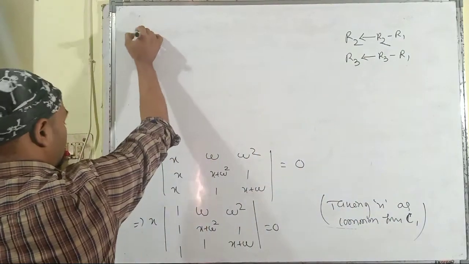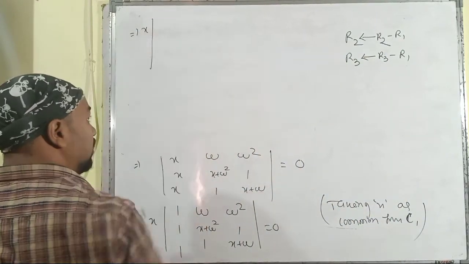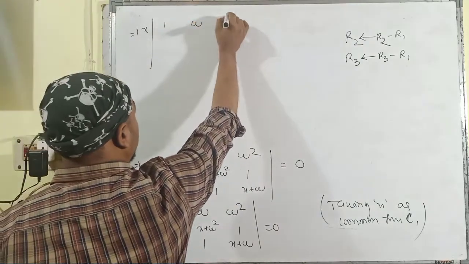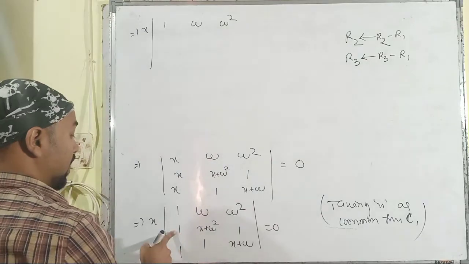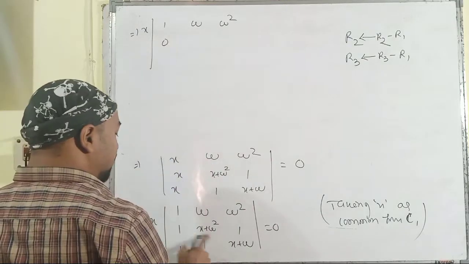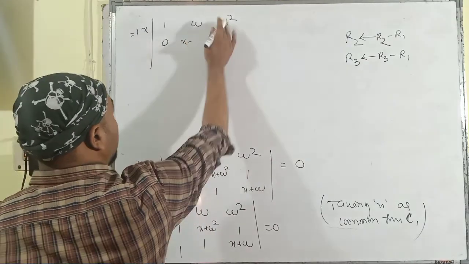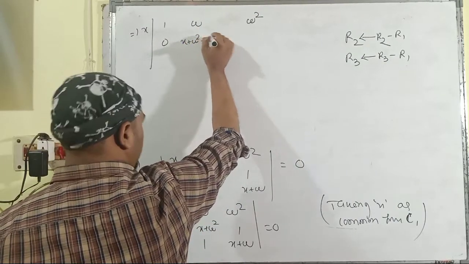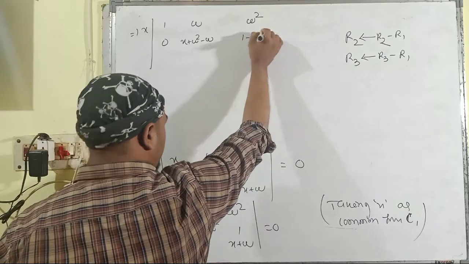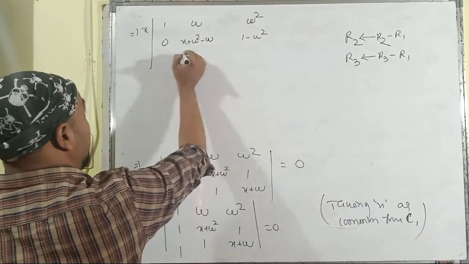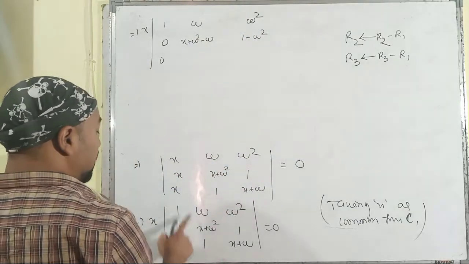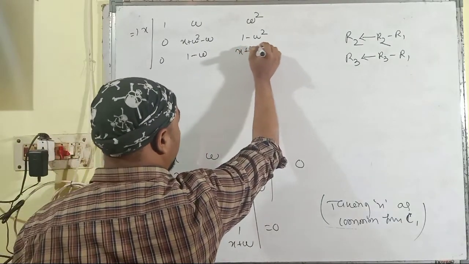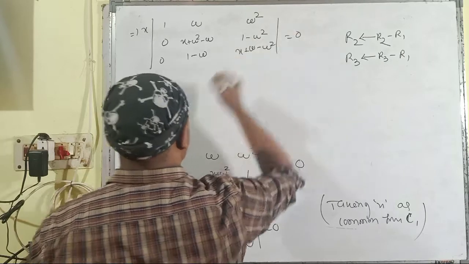So here we are getting x, row 1 is the unchanged row, so 1, omega², just write down these values here, and then this is equal to 0, x + omega² - omega, x + omega² - omega, then it is 1 - omega², then it is 1 - 1 = 0, then it is 1 - omega, and this is x + omega - omega², and this is equal to 0.